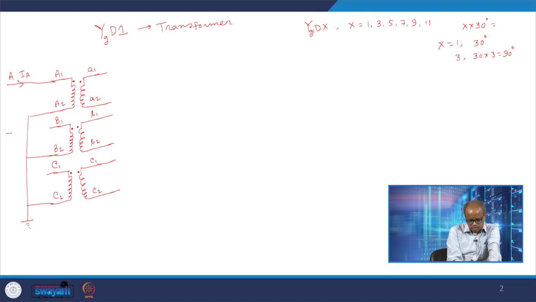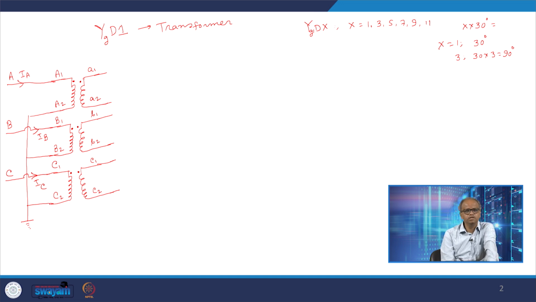From terminal B1 we say that it is phase B, current is IB, and from terminal C1 we take phase C, current is IC. So we have made the connection at the star side.